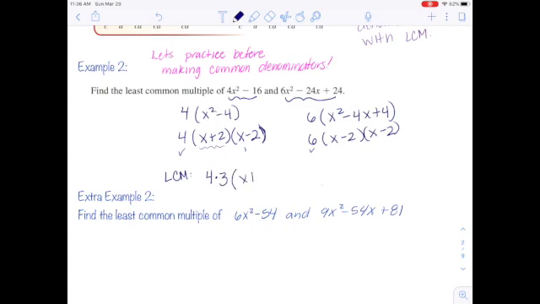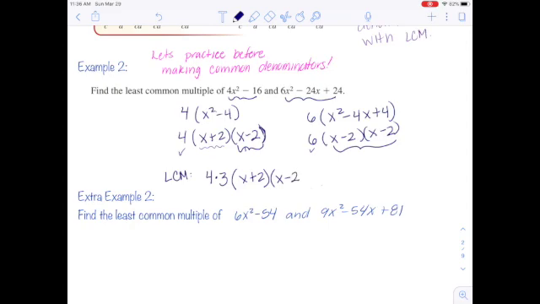We need an x plus 2 factor. And then right here we have one factor of x minus 2, but over here we have 2 factors of x minus 2. So we're going to take the bigger exponent.